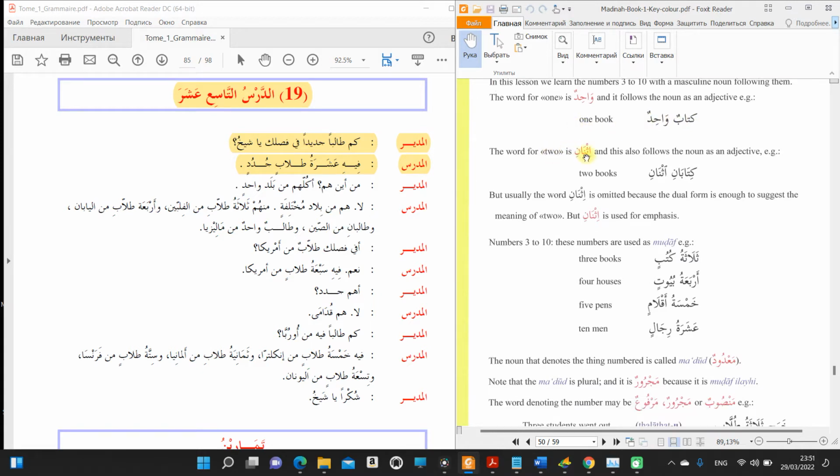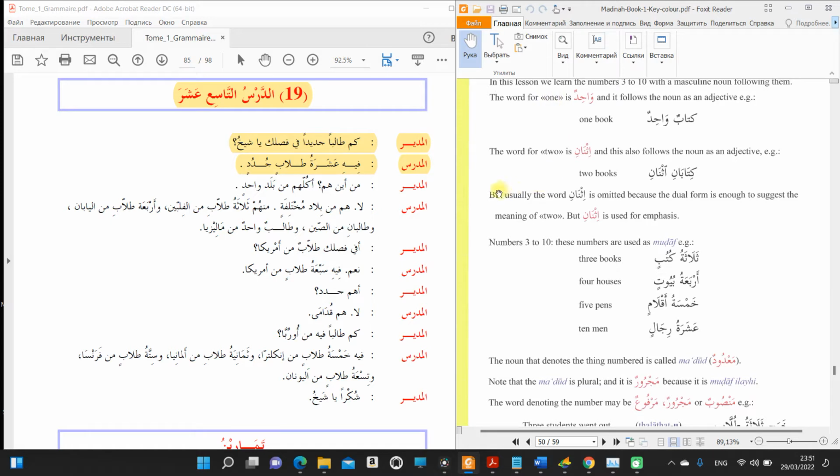The word for two is ithnani, and this also follows the noun as an adjective. Kitabani ithnani. So wahidun means one, and ithnani means two.